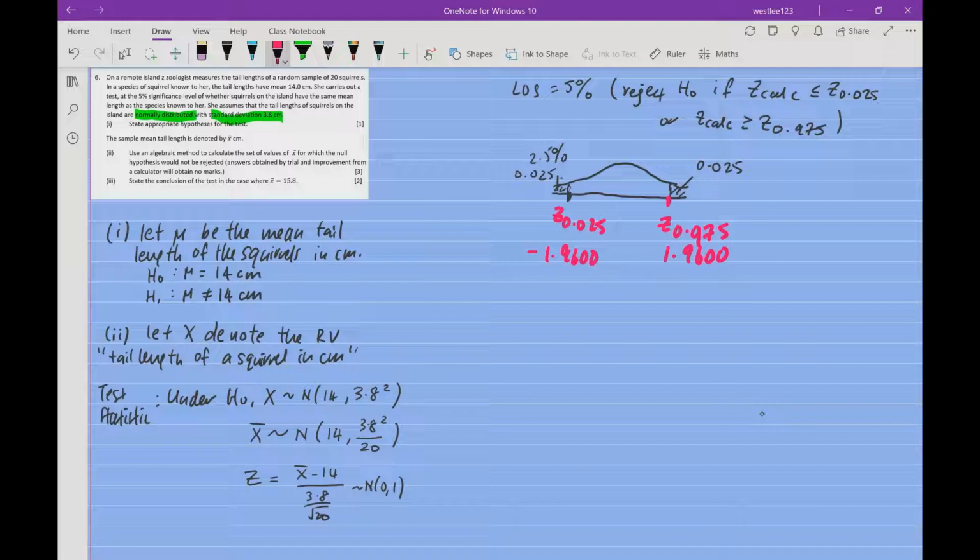Since H0 is not rejected, the z calc is in the white region, so the z calc is between negative 1.96 and 1.96.